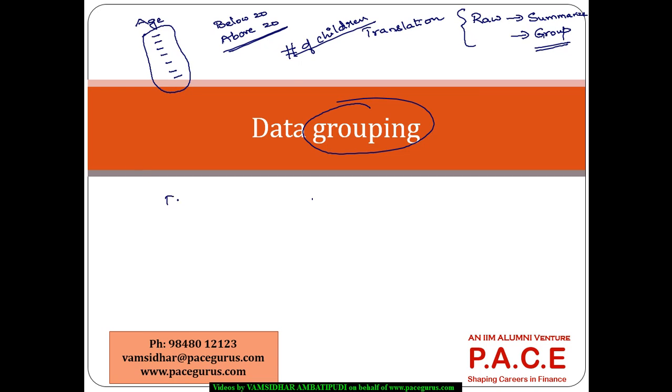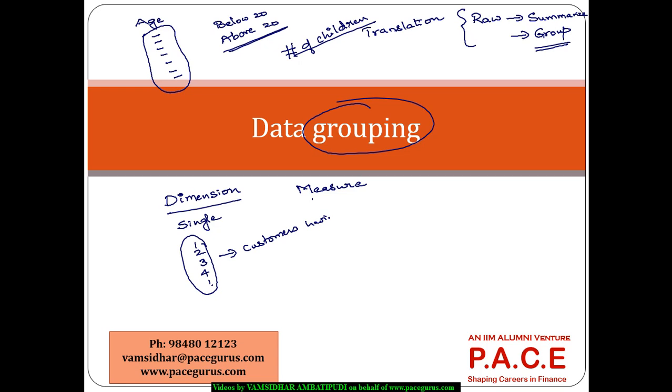Now this grouping I can do based on the dimension, or I can do the grouping based on the measure as well. I can group the different members of the dimension into a single member. So if there are one child, two children, three children, four children, all of them I can group into customers having children, whereas zero children, I say customers not having children.